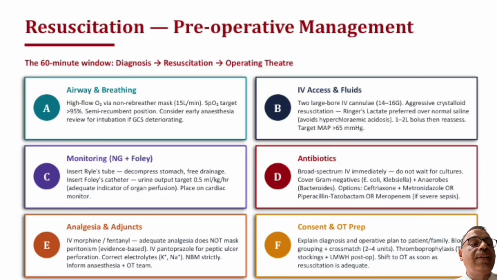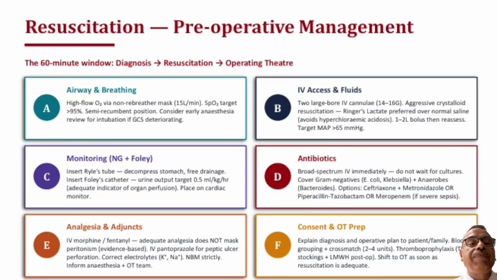The lactate in the Ringer's lactate gets converted into bicarbonate in the liver, and this would counter the acidotic environment, leading to optimization of pH. So Ringer's lactate would be preferred. You can give initially 1 to 2 liters and then reassess accordingly. Target mean arterial pressure should be more than 65 millimeters of mercury.